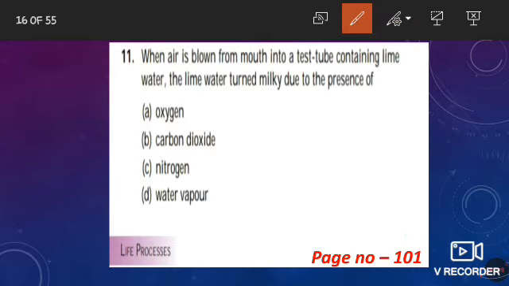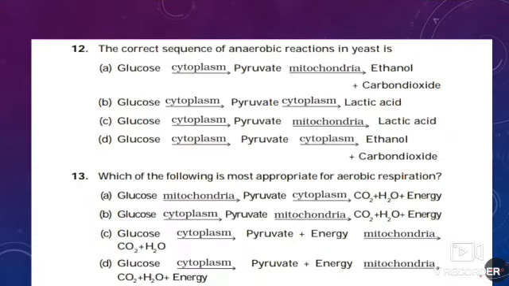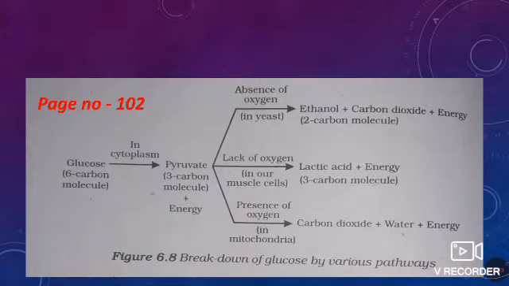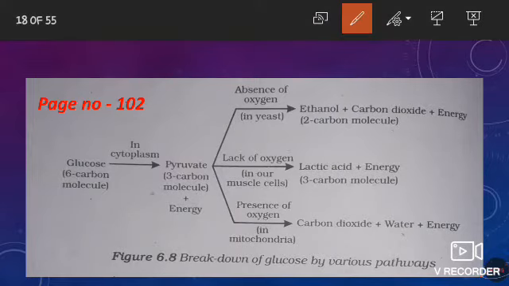Now, question number 12. Both these questions, that is the correct sequence of anaerobic reaction in yeast and aerobic respiration, come from this flow chart, which is given on page number 102.